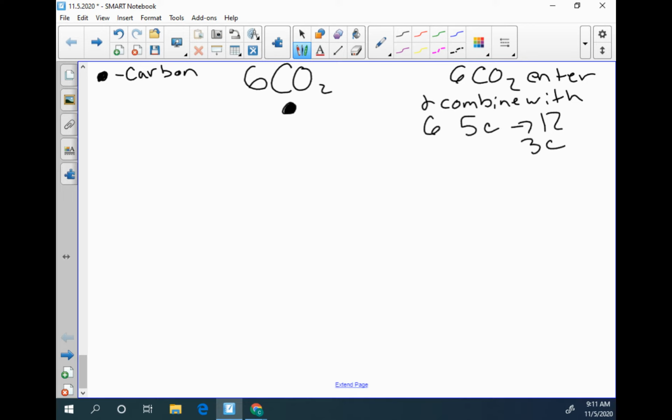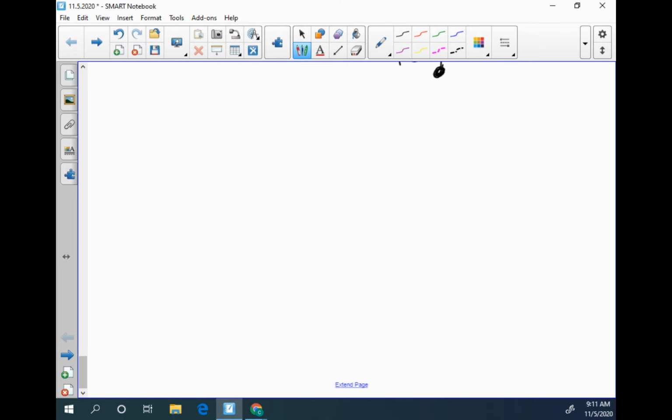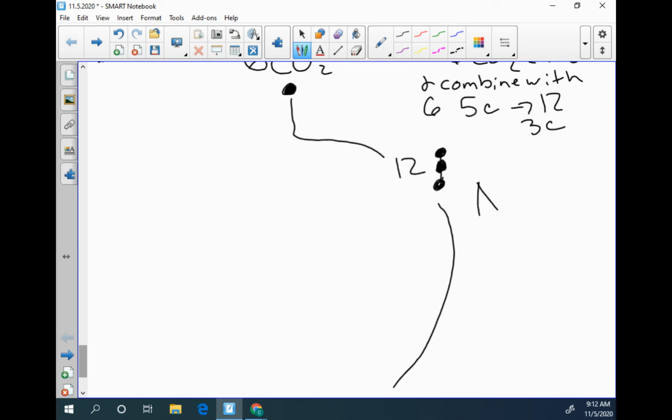So we have our cycle. We're entering our cycle. And now we have 12 3-carbon sugars. Just like that. What's going to happen is we are going to use ATP. We're going to use it up.